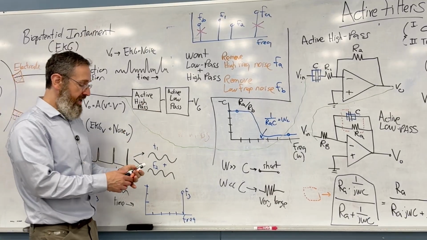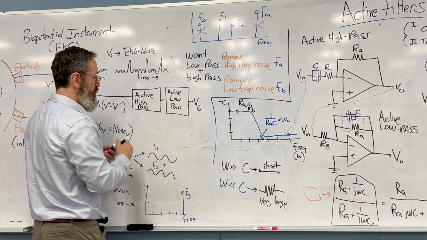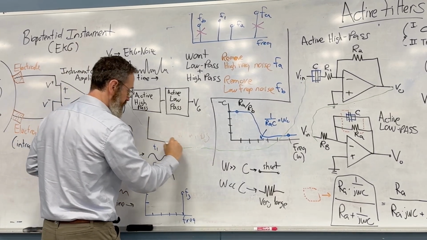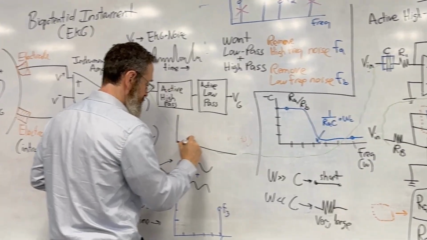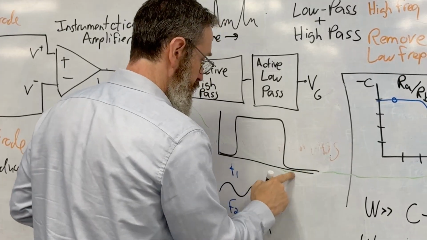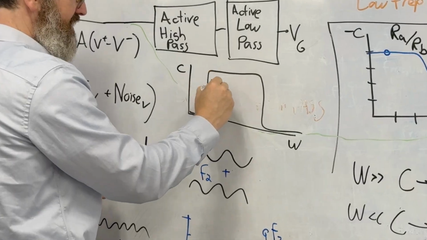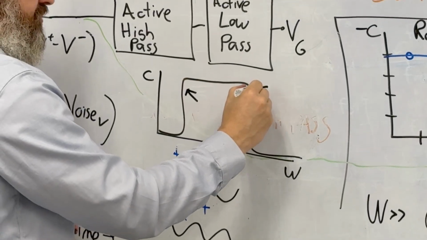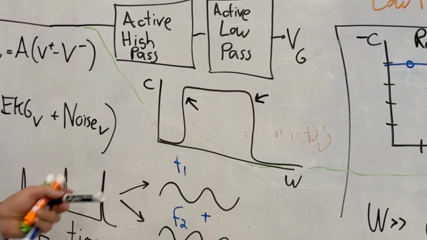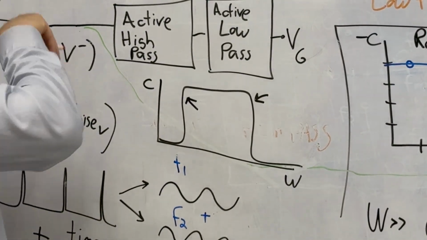And when you do that, the result will be a net transfer function that looks like this. Here you have your frequency, and here you have your gain. And you, in fact, have 2 cutoffs. I know it's getting messy here, but get the idea. There are 2 cutoffs.